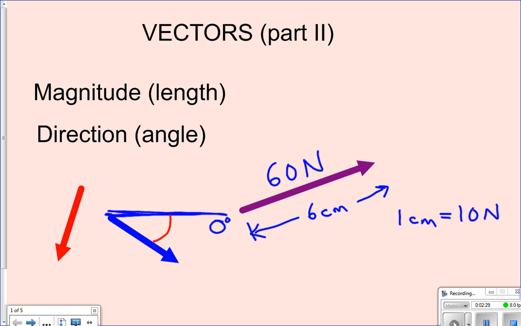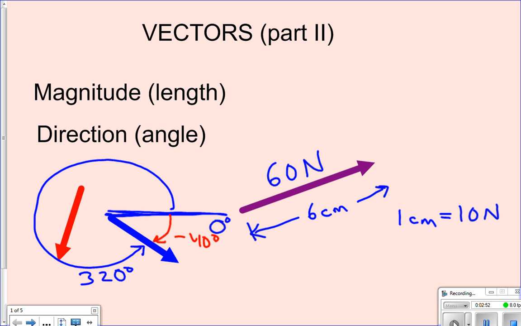One way you could say, if I got a protractor or measured this properly, I say that looks to be about minus 40 degrees. For those of you who really loved your geometry class, you might remember, but wait a minute, there's another way we can measure that that's just as legit. And that is if we go counterclockwise, sort of the proper way to do it, this would actually be 320 degrees positive, but I'm not going to bother to put the positive sign there. Either way is fine.